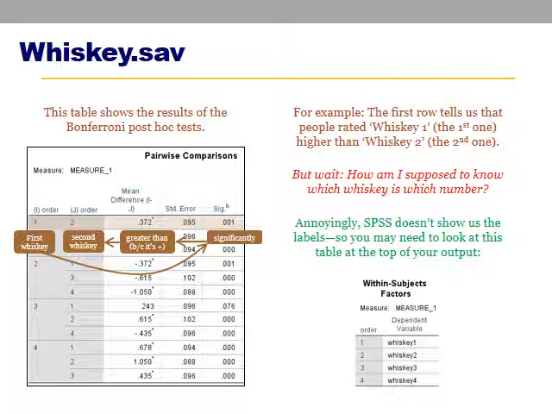So in the table, for example, we see that 1, which means people's rating of whiskey number 1, is being compared against 2, which is people's rating of whiskey number 2. We can refer back to this table as needed when we're performing the rest of the comparisons.